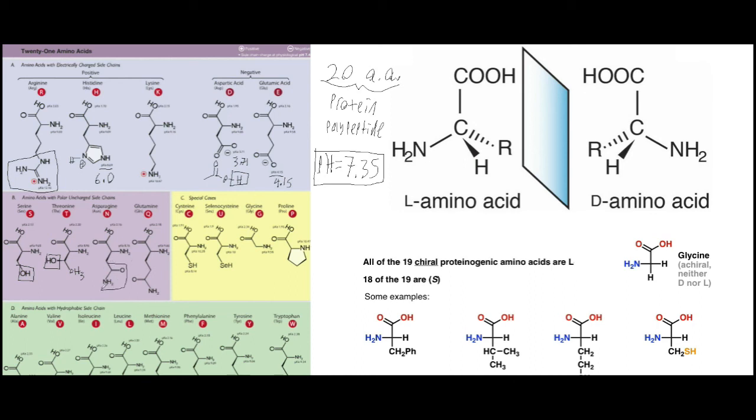So instead of a carboxyl group, it has the oxygen that goes down to this nitrogen here, and so this nitrogen is not going to pick up hydrogens as much because its lone pair is in a resonance structure with that oxygen there, and so that stabilizes the nitrogen in the neutral form.